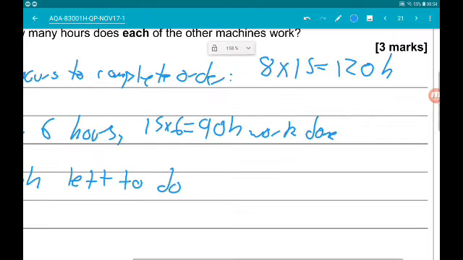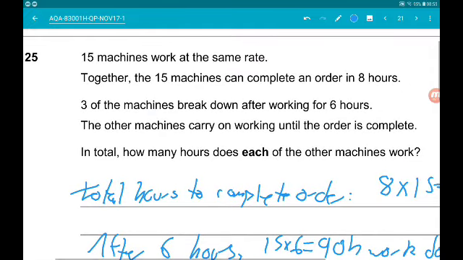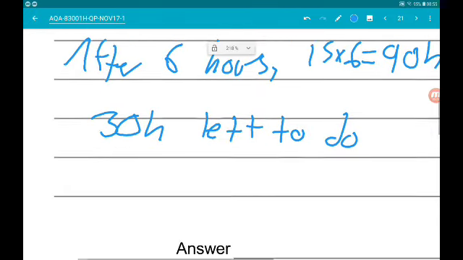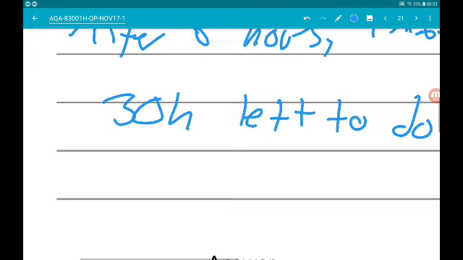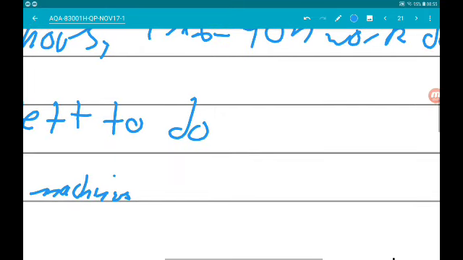So there are now going to be 12 machines left working when the 3 break down. So to work out how much longer the 12 remaining machines have to work, well, they are splitting this 30 remaining hours between 12 of them.